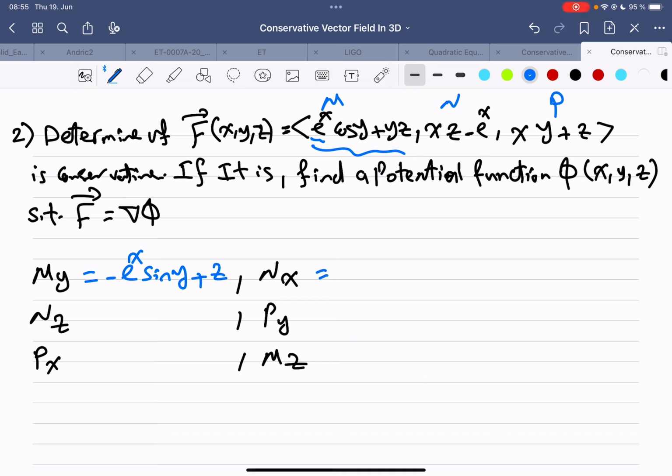N_x, when you differentiate n with respect to x... There is something missing here, I think.